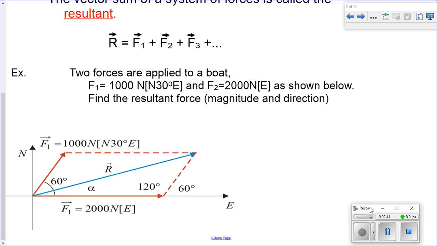So in this case, our boat is going to be down in this area, and we've got a tow cord pull attached to the boat, pulling with the 2,000 newton force in the east direction. And the blue resultant vector represents where and how this boat is going. So I'm going to pause and get back to doing this right now.